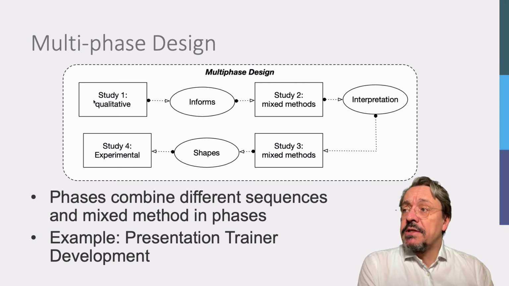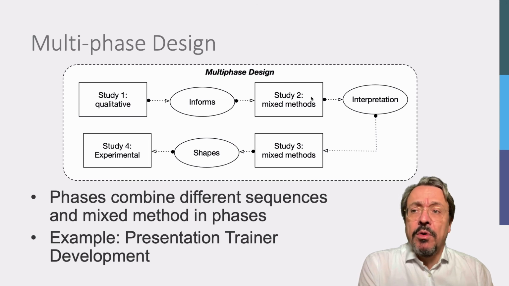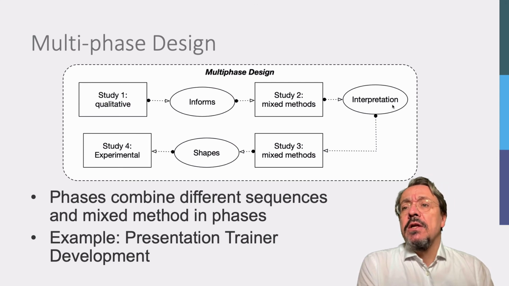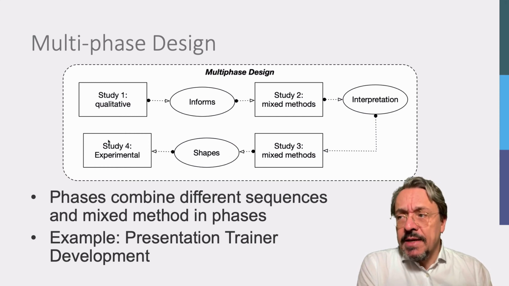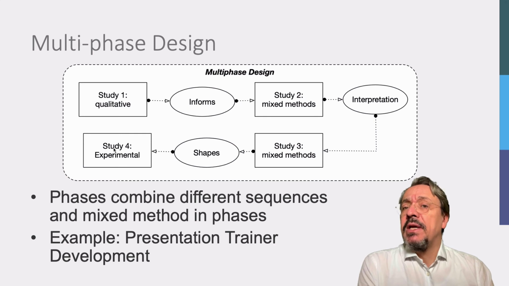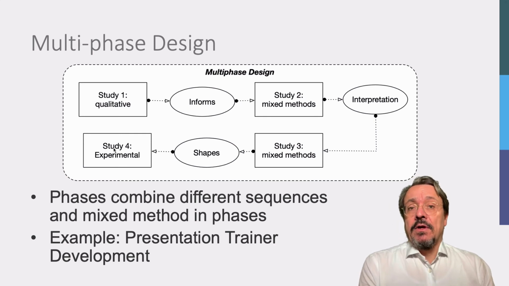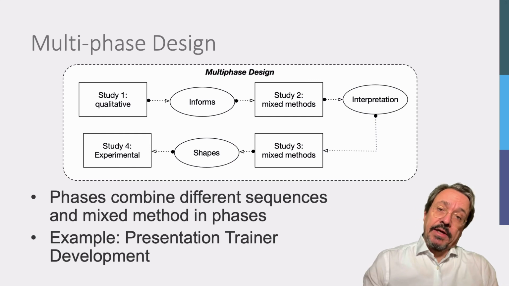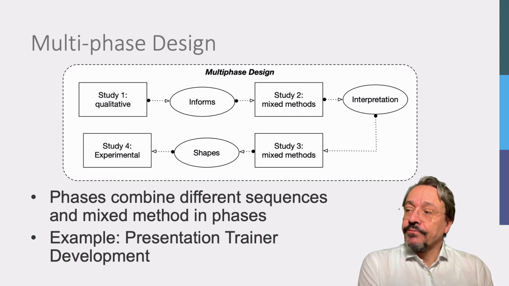Of course, you typically start with qualitative designs that inform probably a mixed method study. You can interpret your first results. You do another embedded or mixed method study, and this shapes typically an experimental study or also a summative study at the end of your product cycle and of your development cycle.